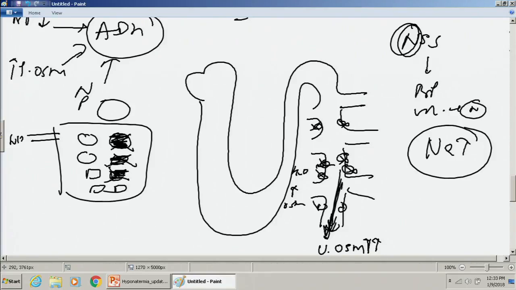So now he's back to his normal volume status. Okay? And remember, this Mr. ADH was making the kidney hold on to too much water. So as soon as that ADH stimulus is gone, the doors are closed, and all this excess water comes out of the body. So this water now starts flowing out of the body, and that's when your sodium will start rising rapidly. Okay? Making sense?